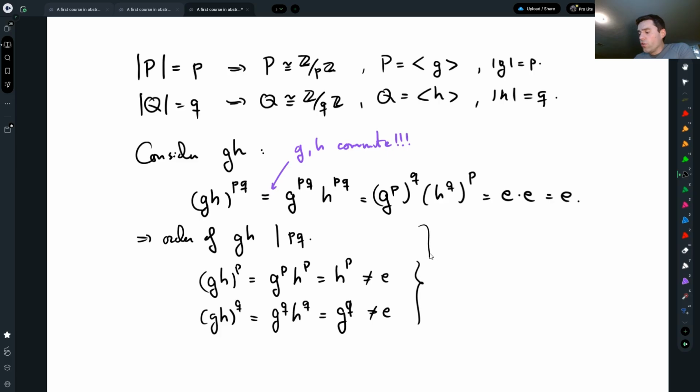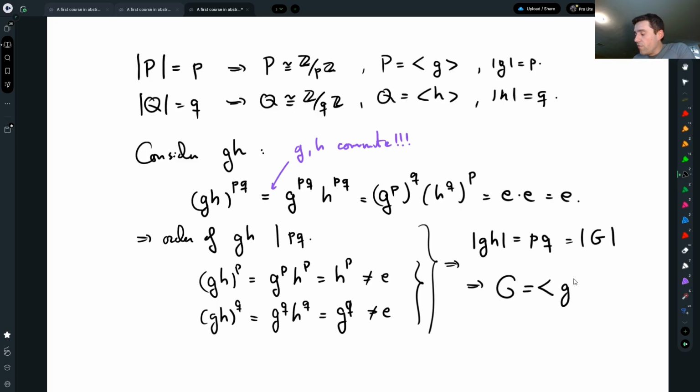All these things together tell me that the order of gh is exactly pq, which is the order of the group, and therefore G is cyclic, generated by the multiples of gh. I found a generator, and G is isomorphic to Z modulo pq, cyclic, which is what I wanted to prove.